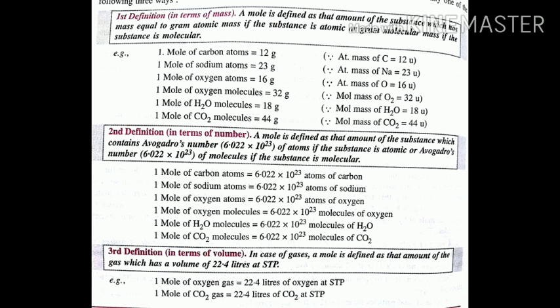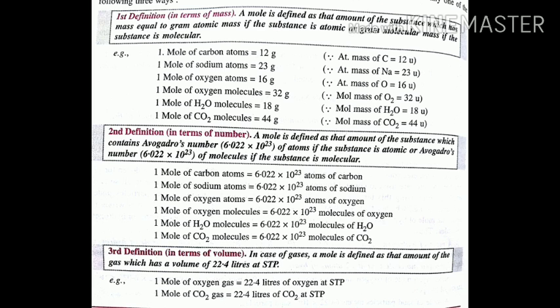If instead of 44 I take any other weight, then the number of moles will also change. And by the second definition I told you that 1 mole of a substance is equal to 6.022 into 10 raised to the power 23 atoms or molecules.